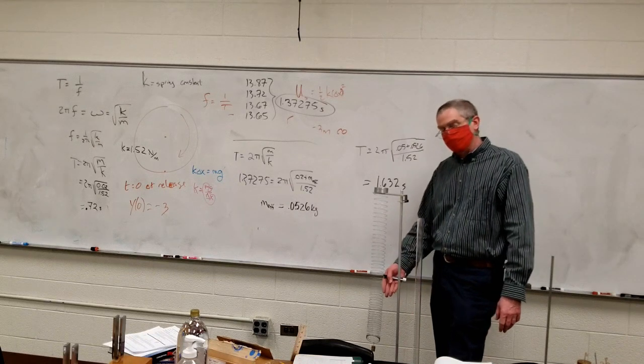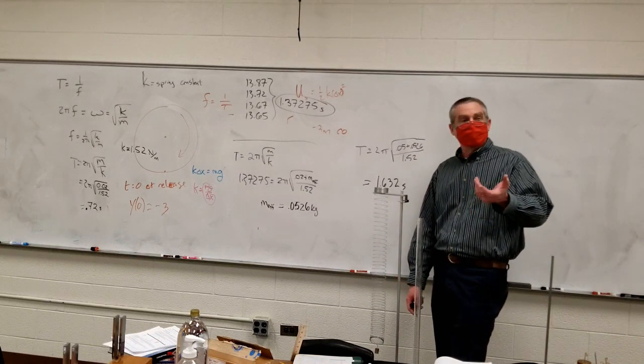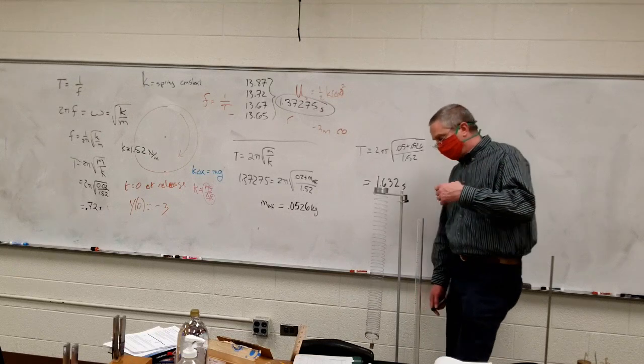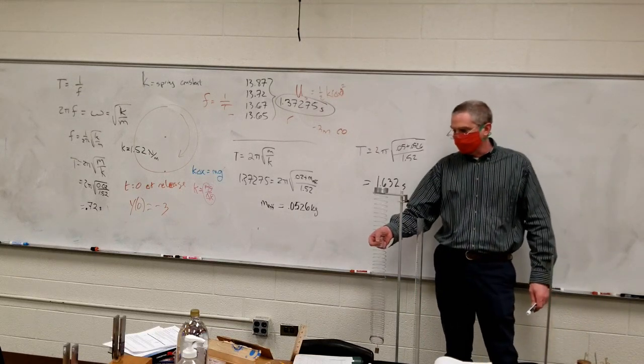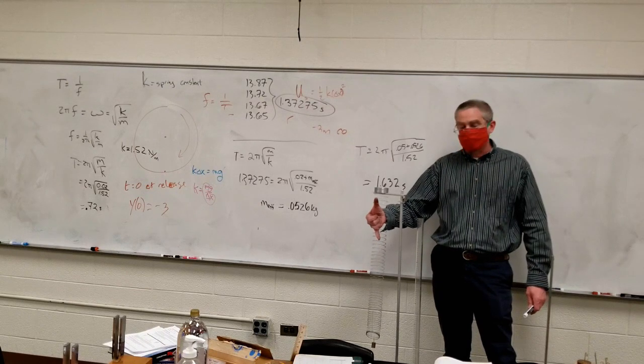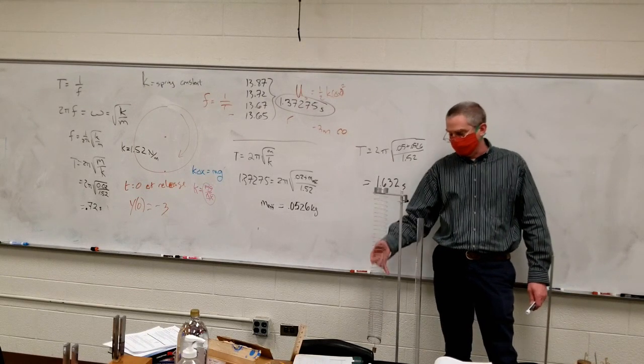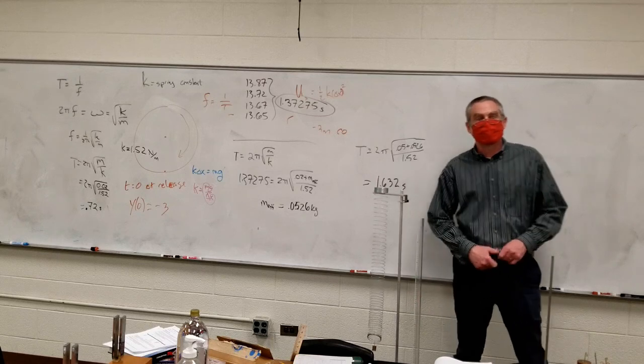I'm trying to put it on the last loop, the last ring, because if I did it here, that's a different spring constant for that bit than it is for the whole thing. To be consistent.